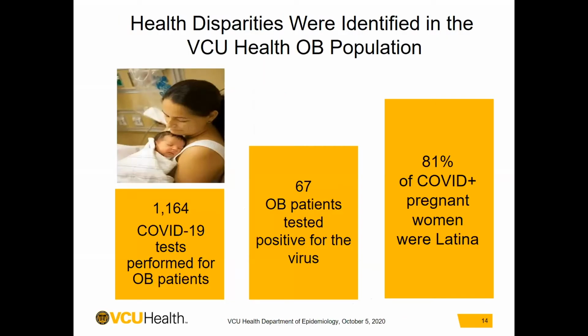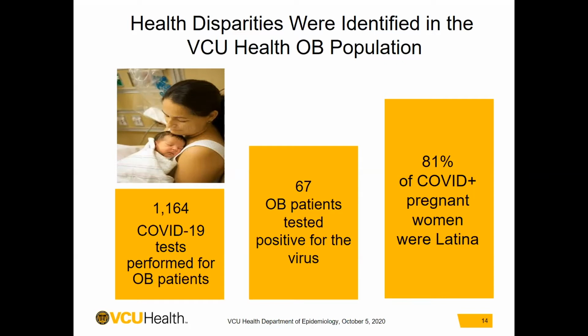This has become especially concerning as we think about what is going on in our OB population. Our leadership in our women's services raised a red flag several months ago and said, we are seeing something that is disturbing and we need to step back and really pay attention.